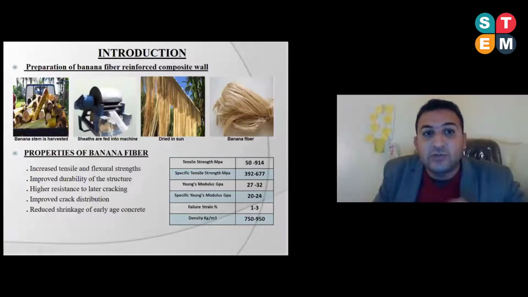The research is related to the banana fiber. The banana stem is harvested and the sheets are fed into a machine and dried in the sun to get the banana fiber.